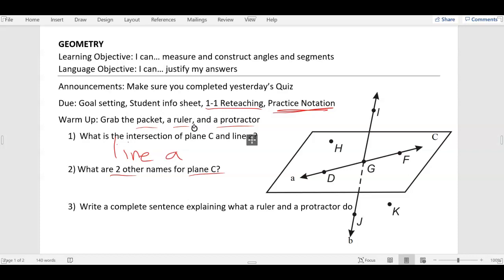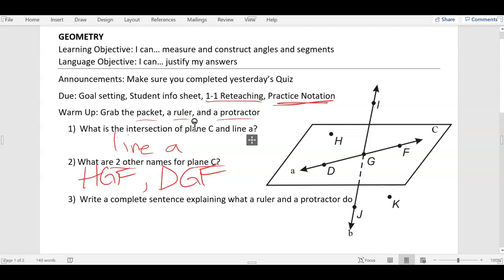HGF, that's another name for plane C. What's another 3 letters on that plane? DGF, that works too. All right, well, that's good. So in the future, can you tell me another name for a plane? It's 3 letters on the same flat surface.